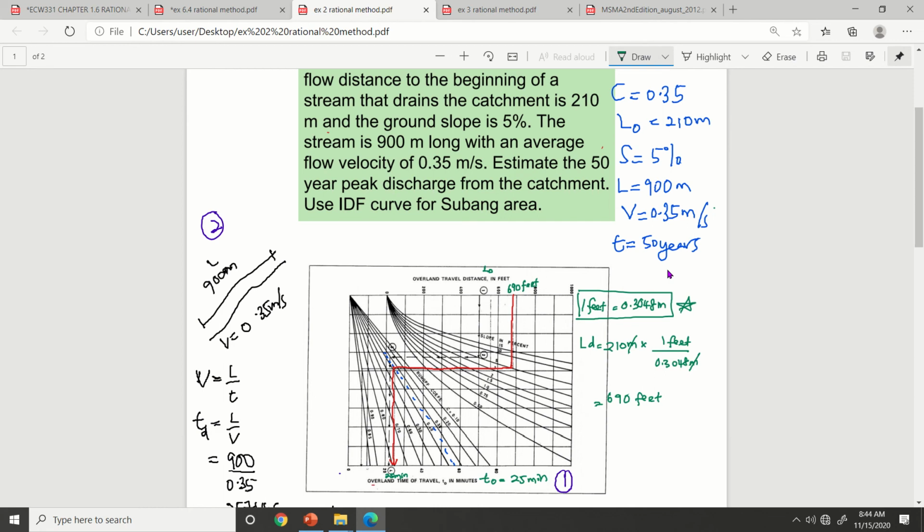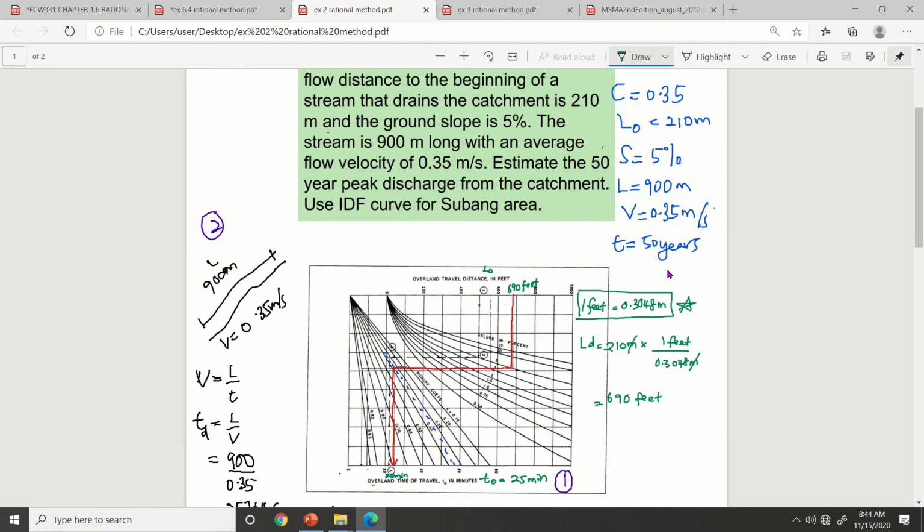Convert 210 meter into feet, I get 690 feet, and my slope is 5%.